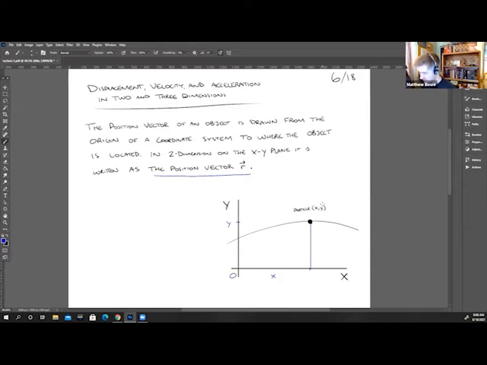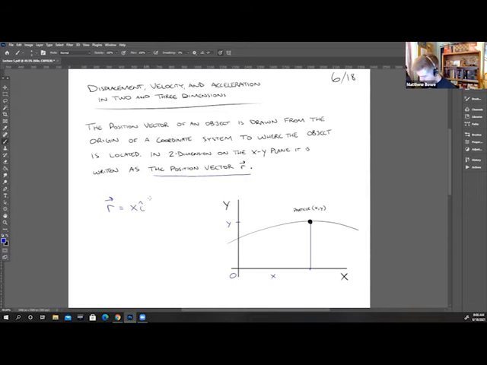To write this as a position vector, we're going to say r, it is a vector, is the magnitude x. So this is just the value, and it is in the horizontal direction.